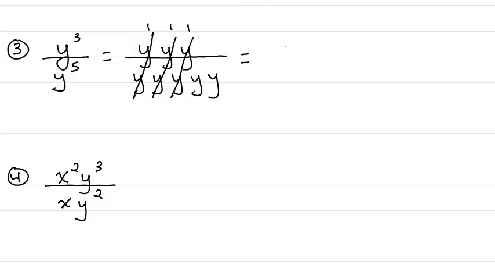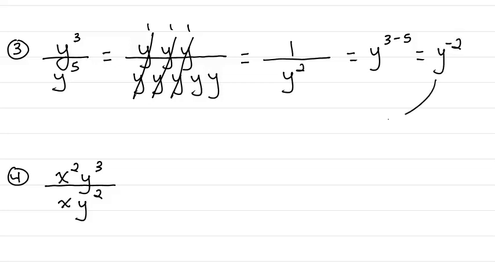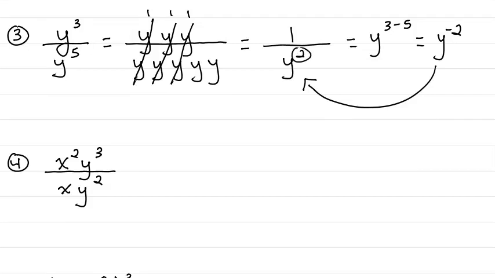And we end up on top with 1, and on the bottom with y squared. All right, how could we have gotten that faster? Let's do the subtraction rule. Remember, it's always the top minus the bottom. Don't force it to a positive situation, which equals y to the negative second. So what did that tell me to do? Take the reciprocal. And notice when I take the reciprocal, I change the sign.